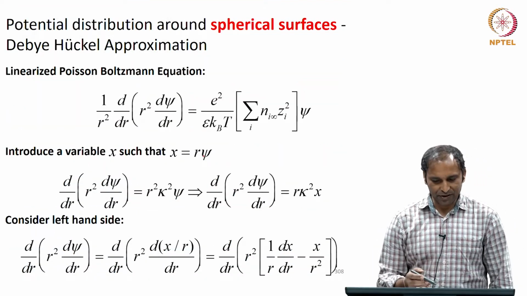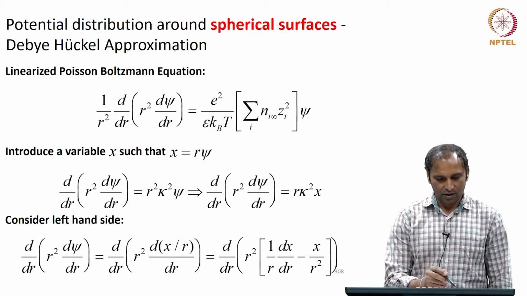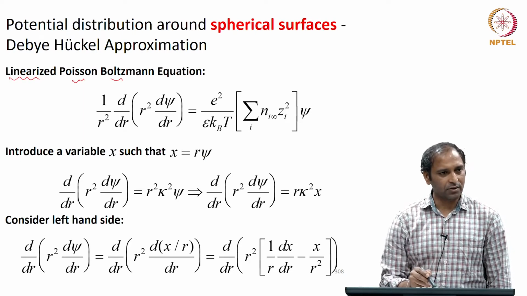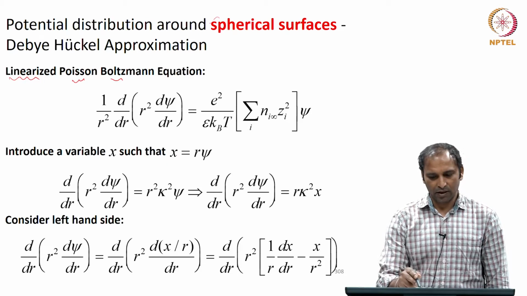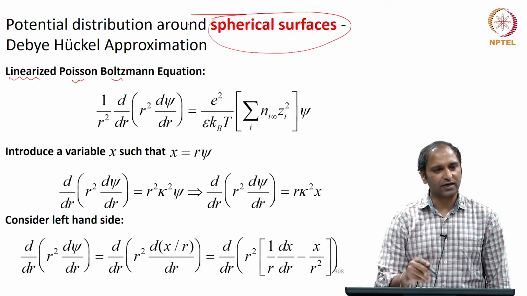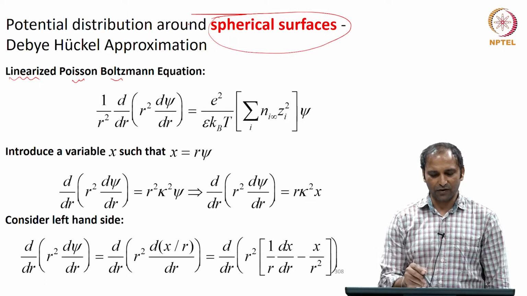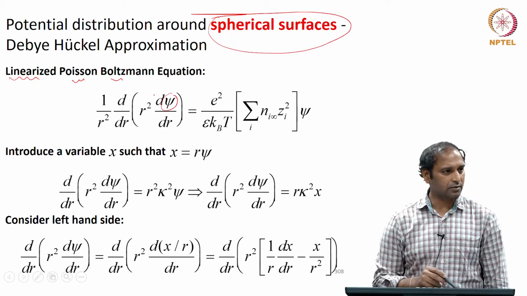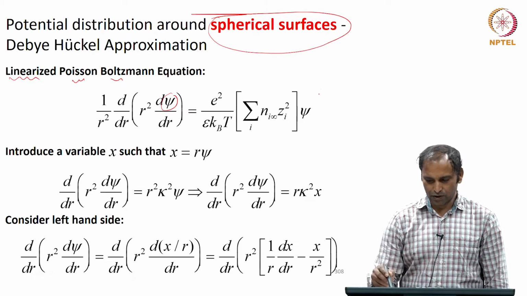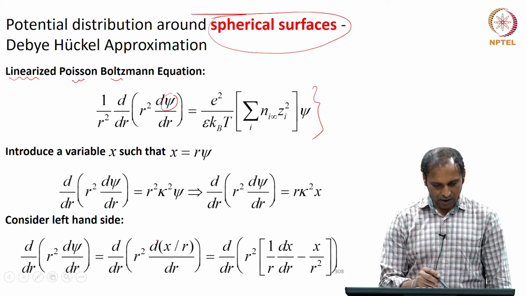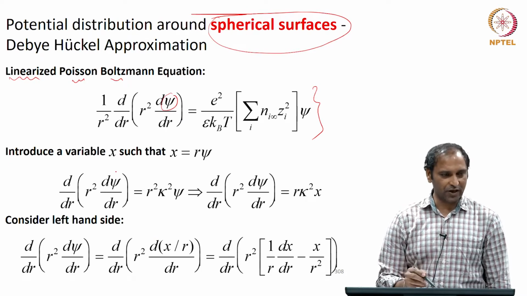Briefly, I had mentioned this yesterday. This is now the linearized Poisson-Boltzmann equation, but in the case where I have a spherical surface that is charged, and I would like to look at the variation of psi with r. To do so we start with the linearized PB equation, and we can do some simple modifications.